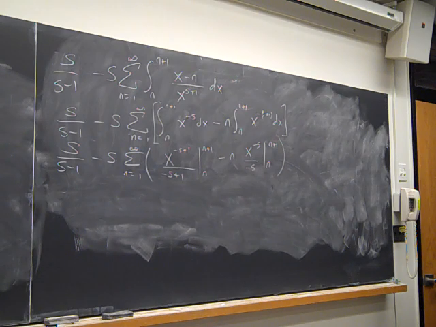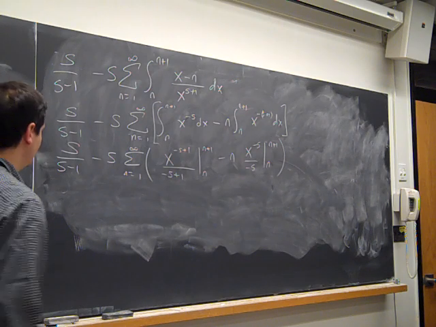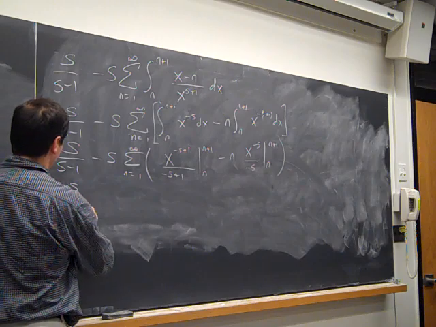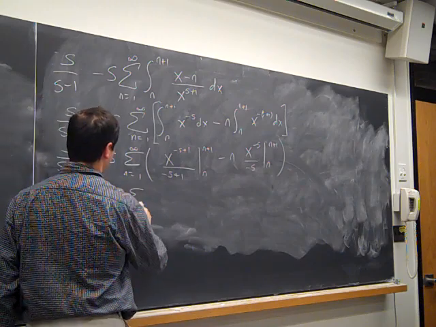Have I made any mistakes? Does that look good? No mistakes so far? Alright, so s over s minus 1 minus s, the sum, and it goes from 1 to infinity.